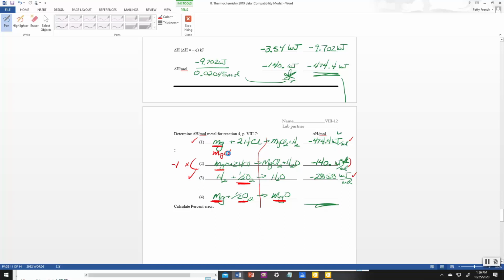Now I have MgCl2 plus water yields magnesium oxide plus 2HCl. And what do I do to the heat? I've multiplied it by -1, so that's now 140 kilojoules per mole. Now on your paper, you're just going to cross this one out right here.